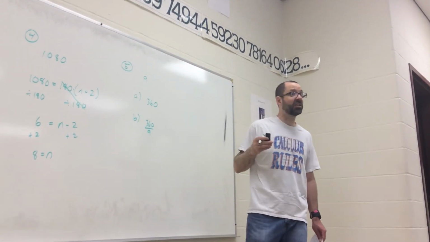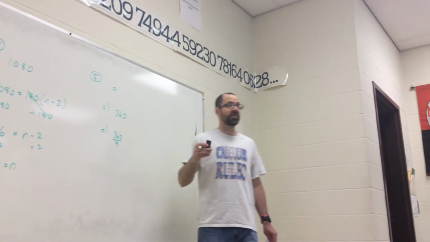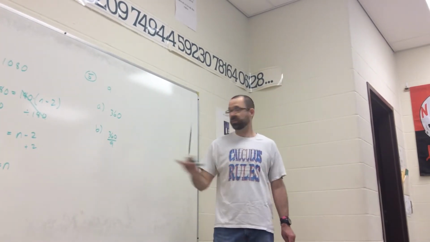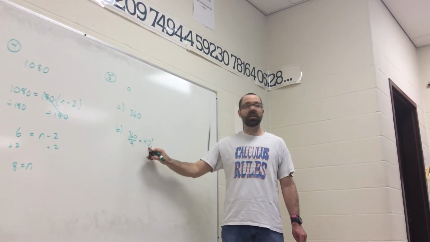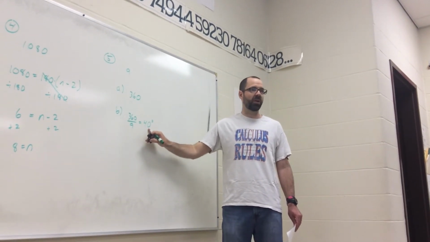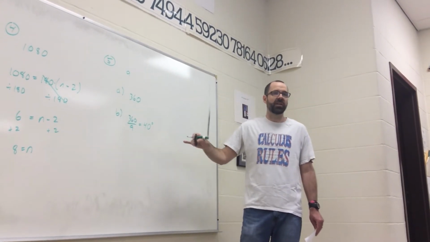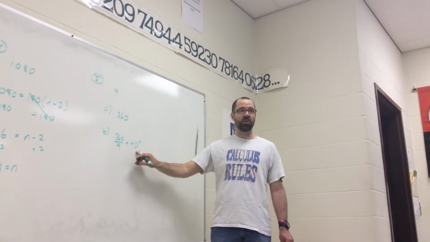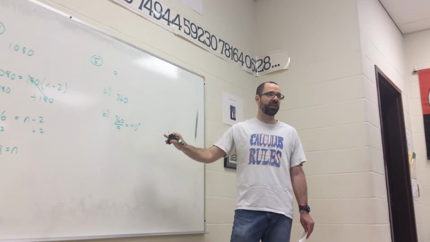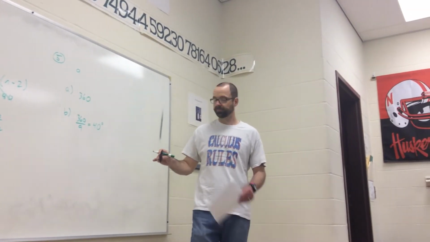Because if it's a regular nonagon, that means all the angles are the same, so that's why I'm able to divide by 9. Now, if it wasn't regular, they wouldn't all necessarily be 40. But on this particular one, it said in the directions that it's regular, so that's why they're all 40. And then all 9 of the 40s would add up to 360.